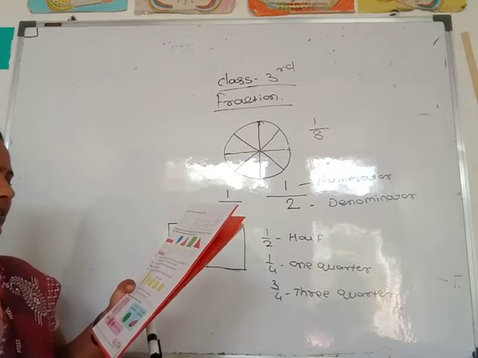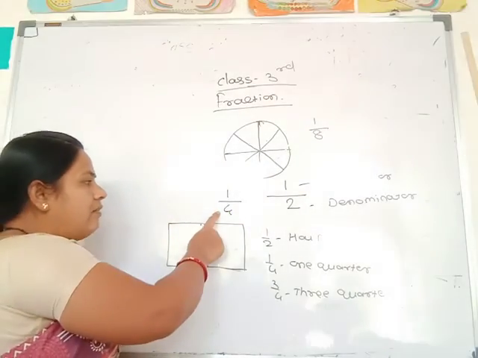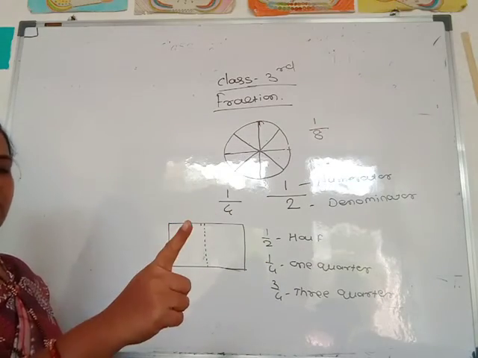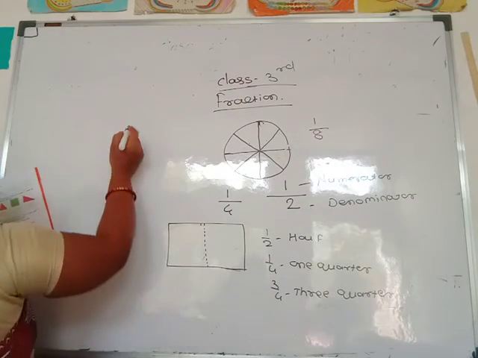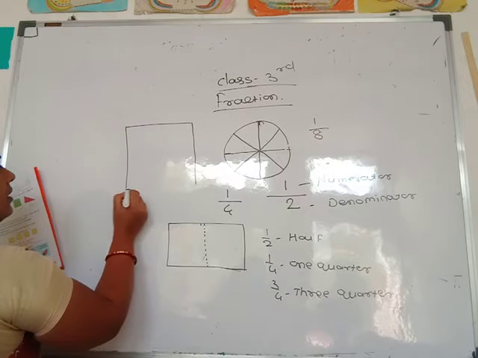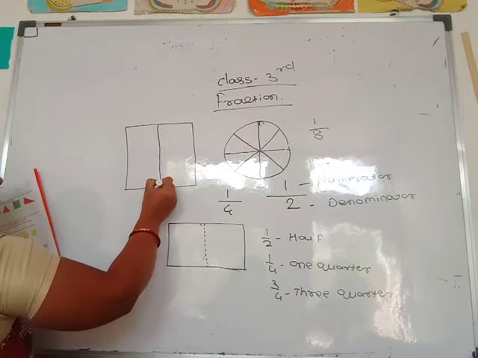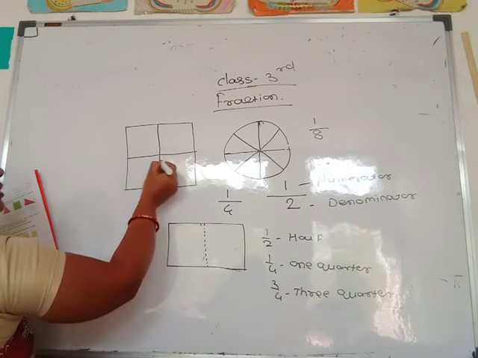Then the next part you see here, quarter. Quarter means this 1 by 4, means one part is divided into 4 parts. You see here, a square. This square is divided into 4 parts. 1, 2, 3, 4.